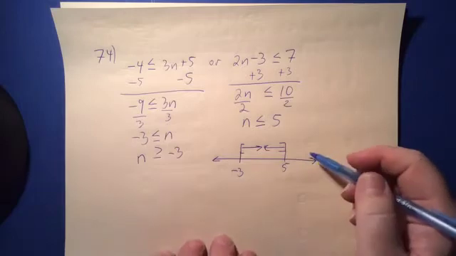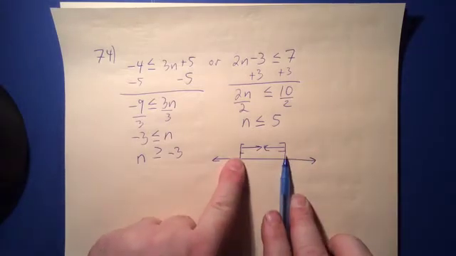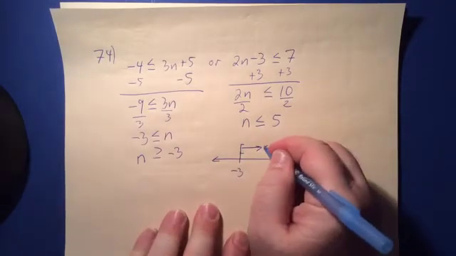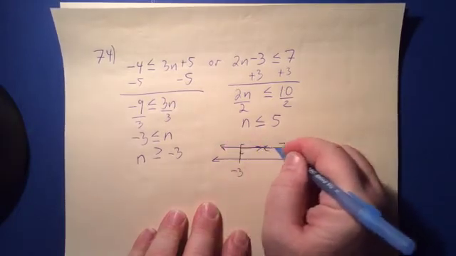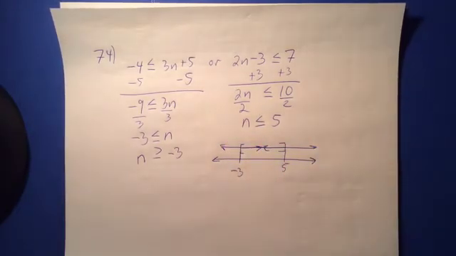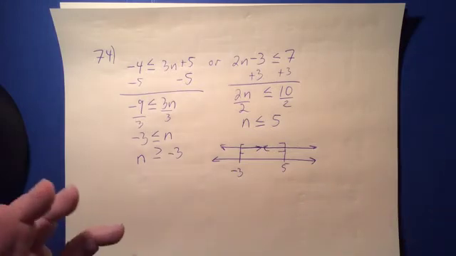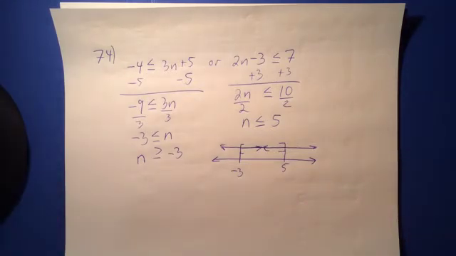So what we see here is we have some answers. These are overlapping, and they're going to go like this, and they're going to go like this. So the solution to this is a little interesting. So we find that there are some values that make one true, or other values that make the other one true, but we have some values that also make both of them true.